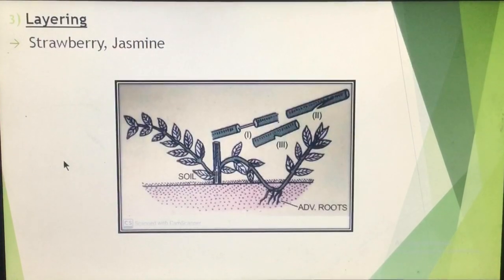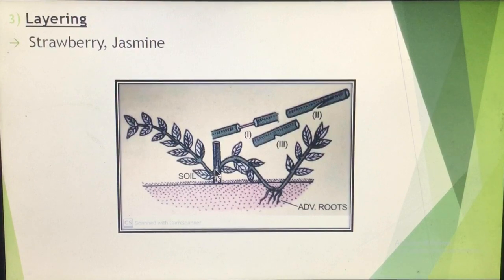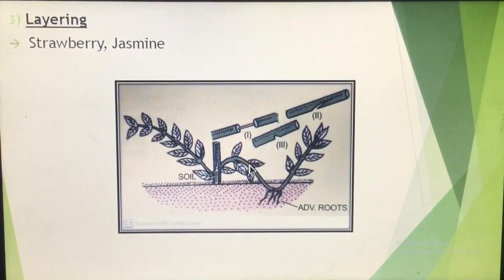Another method of artificial propagation is layering. Layering is done in strawberry as well as in jasmine. Now this is a plant, the lower branch of that plant is bent by the farmers, and a part of the branch is fixed in the soil so that the tip is out of the soil.